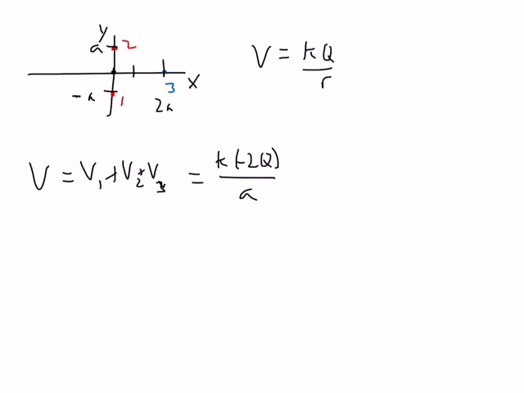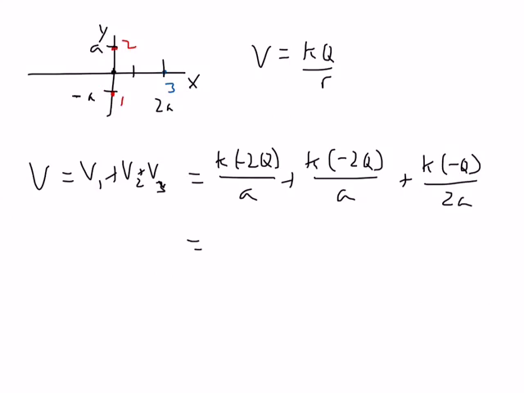So the distance A from the origin. We add to that the result for charge number 2, which is the same magnitude and the same distance. And then finally we add the same thing for charge number 3, which is only a negative Q, and it's a distance 2A away.